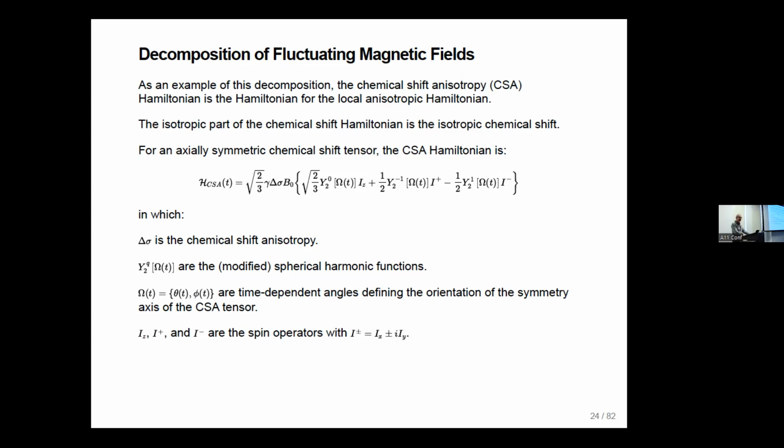And you'll do that on the problem set. So that confirms that the average of this Hamiltonian is 0. It's the anisotropic part. The part of the chemical shift tensor that didn't average to 0 is the part that you would have truncated out, and that's now part of the isotropic chemical shift.